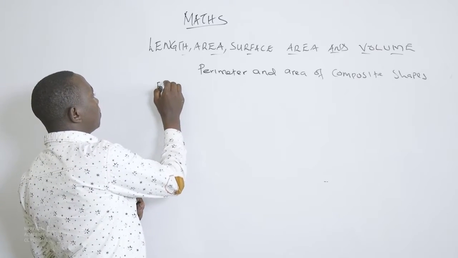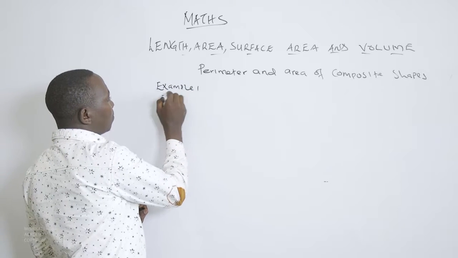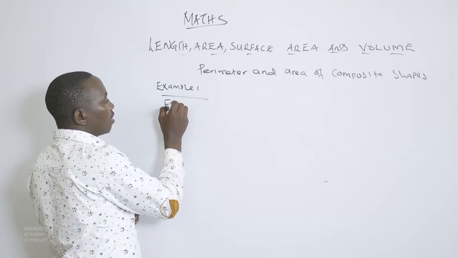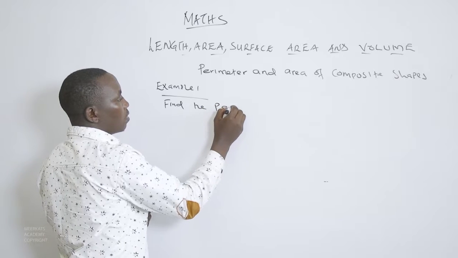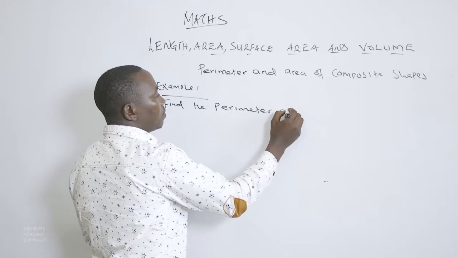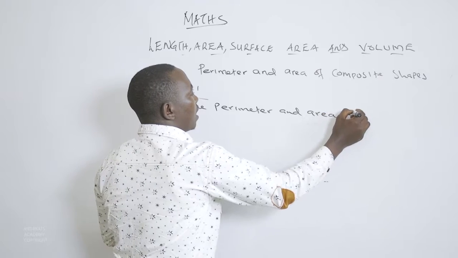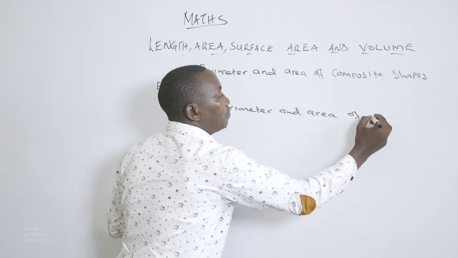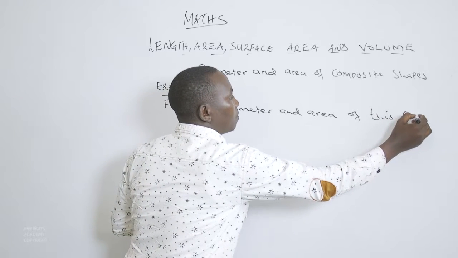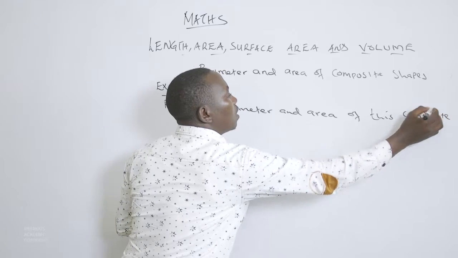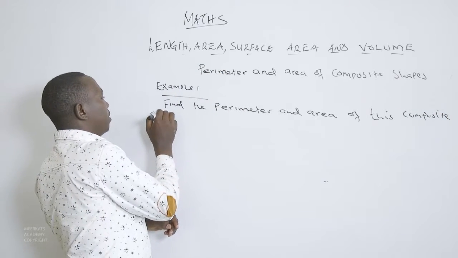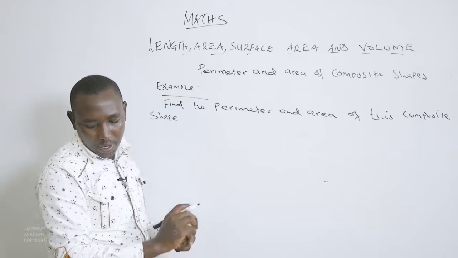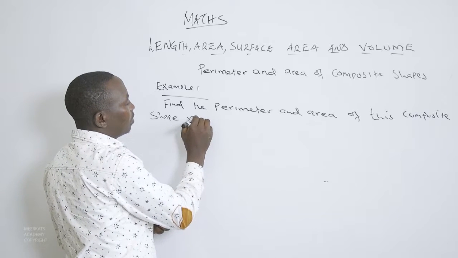Example 1. Find the perimeter and area of this composite shape, rounding your answers to 2 decimal places.